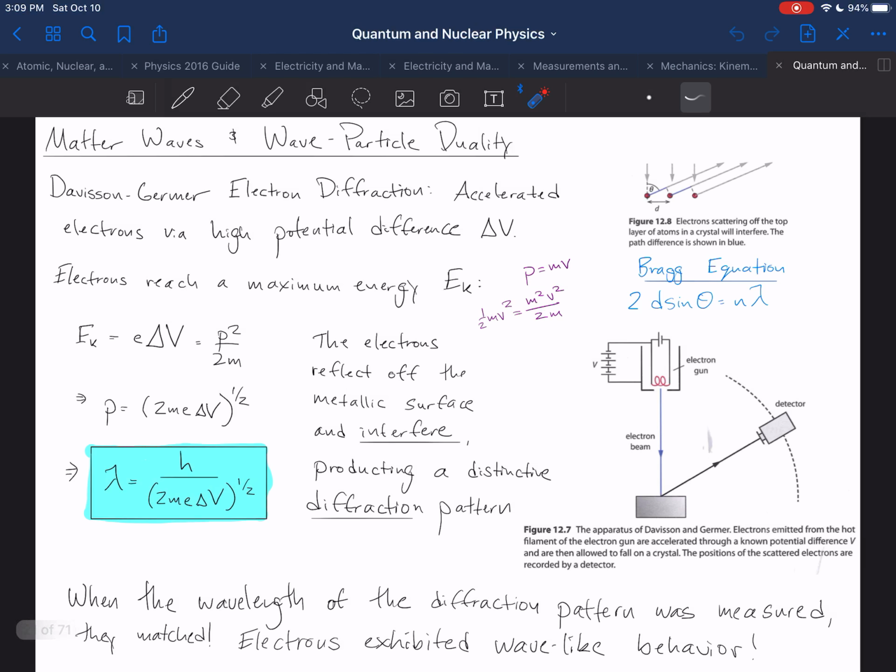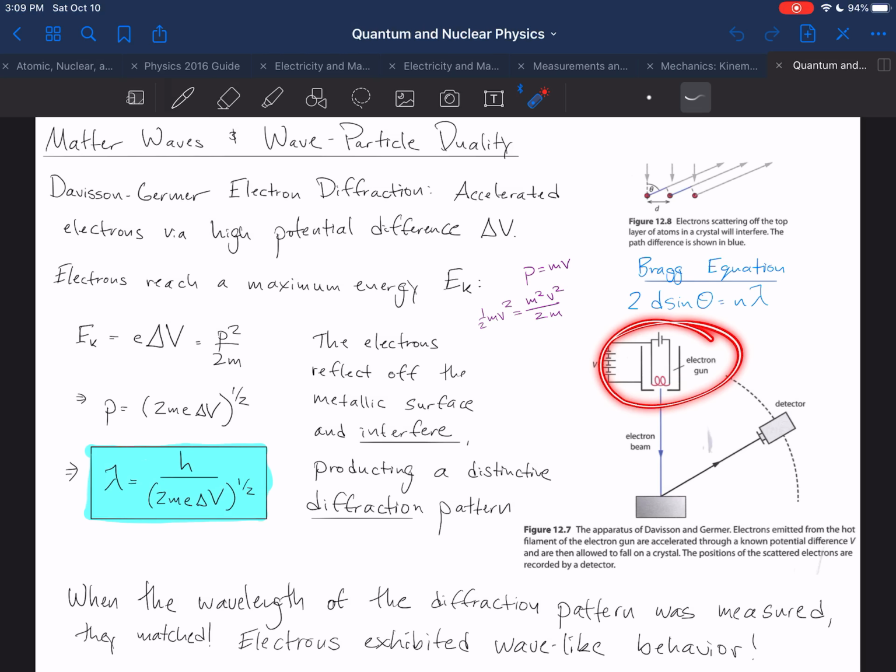So, how is this related to what we've just been discussing? Well, X-ray crystallography is very, very similar to the Davisson-Germer electron diffraction experiment, except instead of X-rays, we're going to send electrons. And here's the fundamental setup.